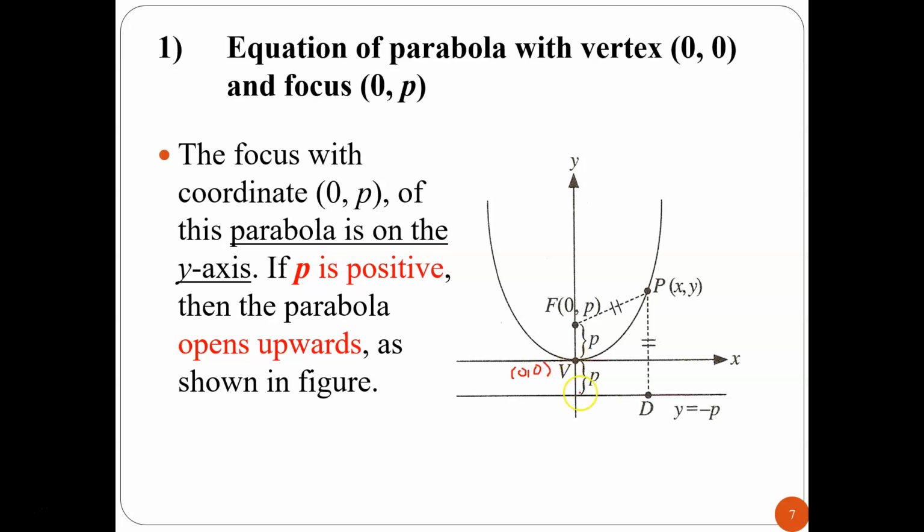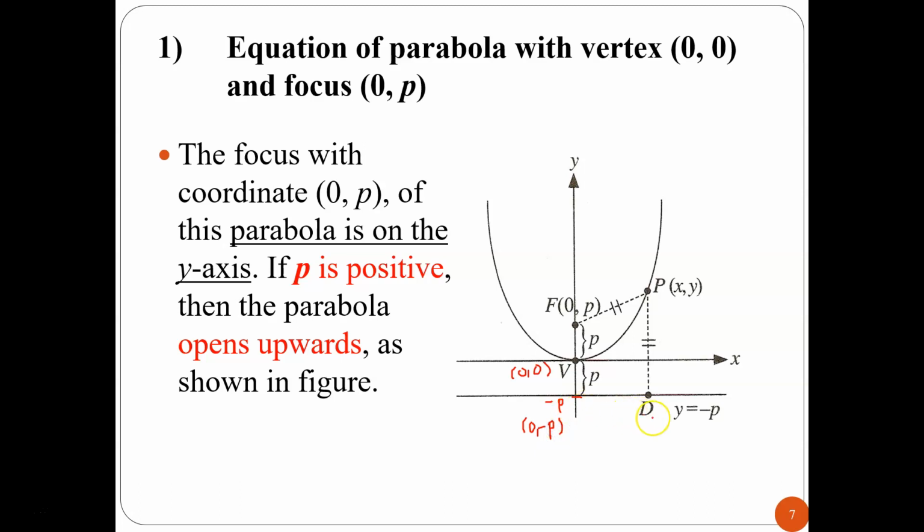So di yang bawah ni of course lah negative. So this one is actually negative p lah. Okay. So ni adalah negative p, ataupun koordinat dia 0, negative p. This is the coordinate.